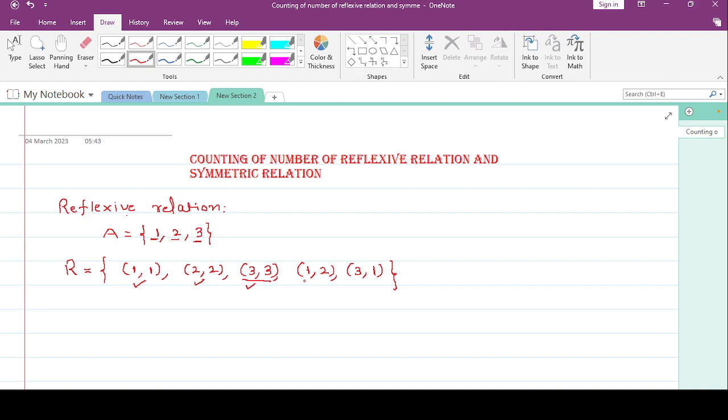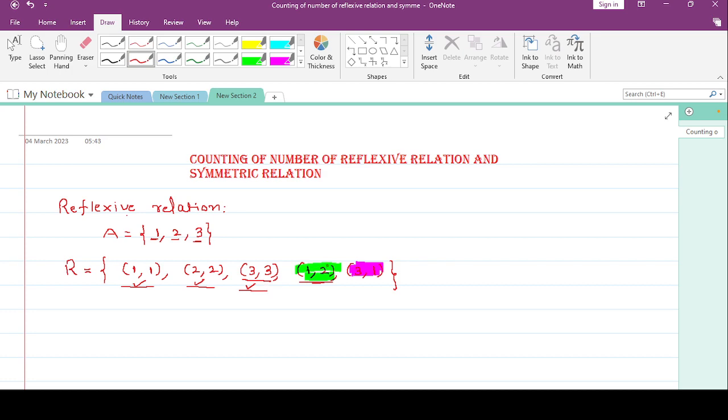We may have other elements also, like this element and this element. But this is the minimum requirement: the elements of the same type should be inside the relation.